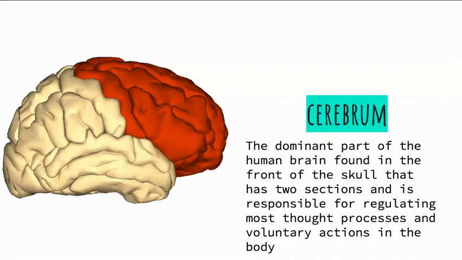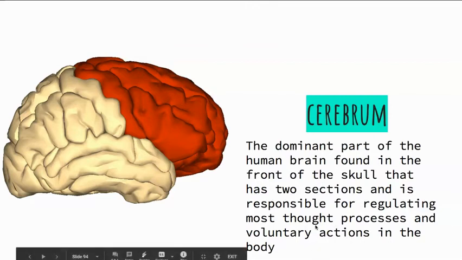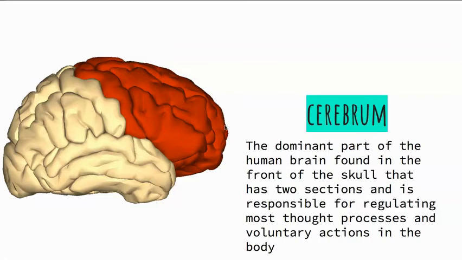Those voluntary actions are like the voluntary muscles connected to our arms and our legs, which we have control over. So the cerebrum is the front part of your brain, located on both hemispheres, and it's responsible for managing our thought processes and those actions that we tell it to do.